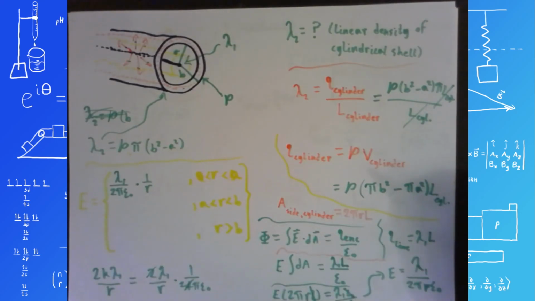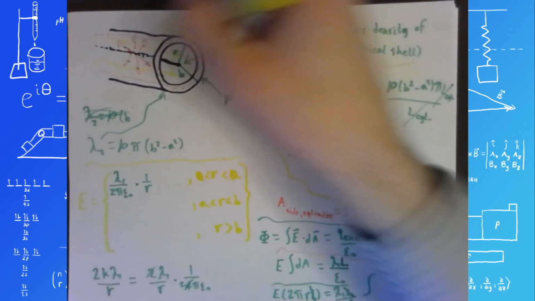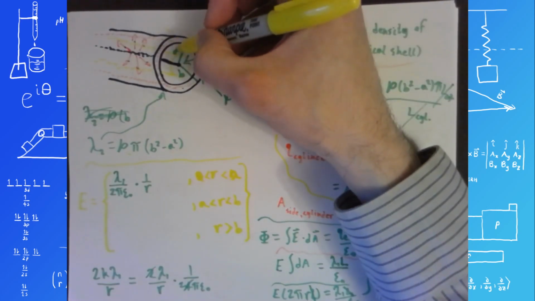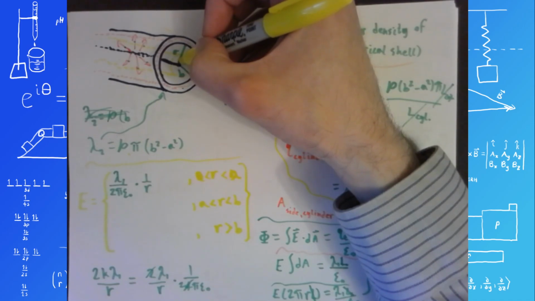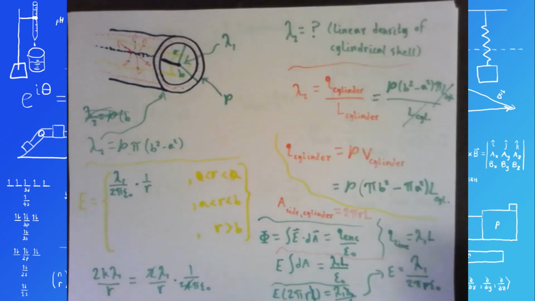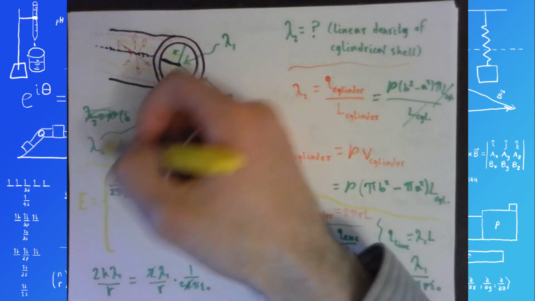And we're not taking the entire cross-section here. We're just taking a section that has a radius greater than a but less than b. So we don't have all the charge in there. We cannot use this lambda 2 here.